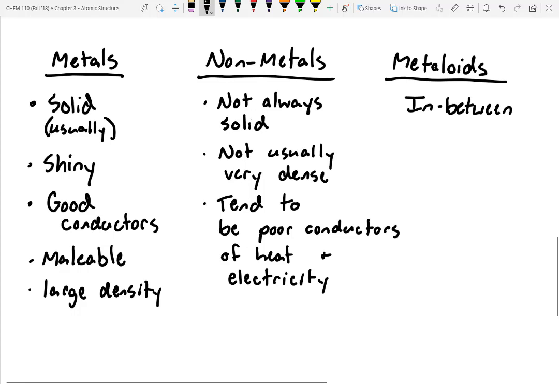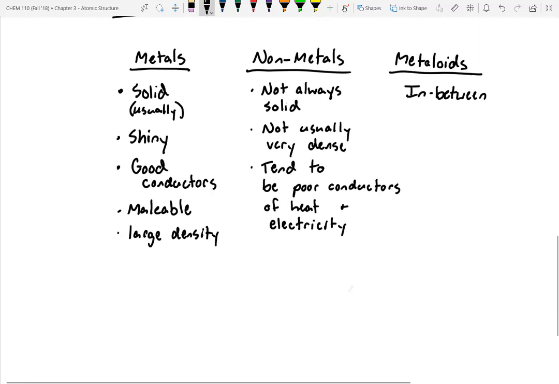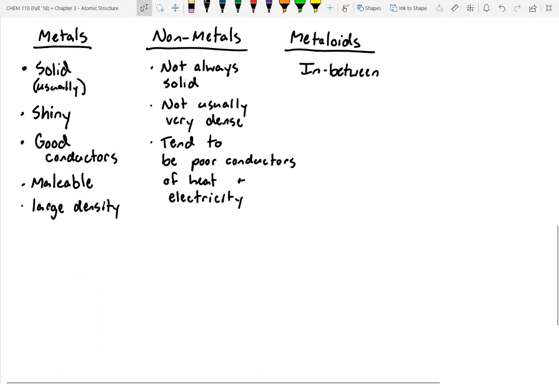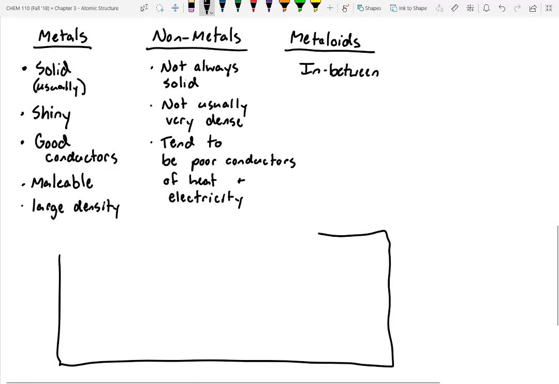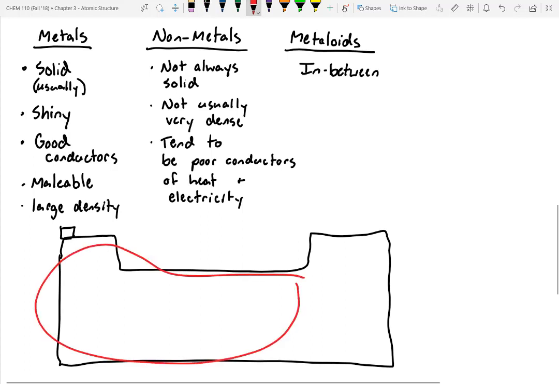In general, though, it's pretty easy when you look at the periodic table to identify what's going on. So, really simple drawing of the periodic table. I will say hydrogen's kind of the outlier here, but all of these in this section are thought of as metals. The ones that are kind of in between here are metalloids.